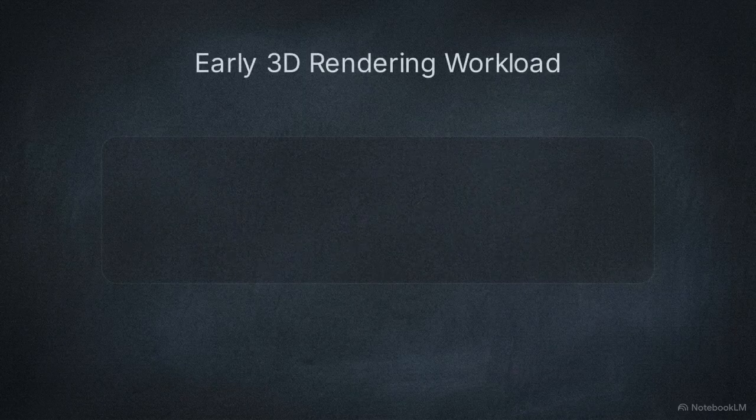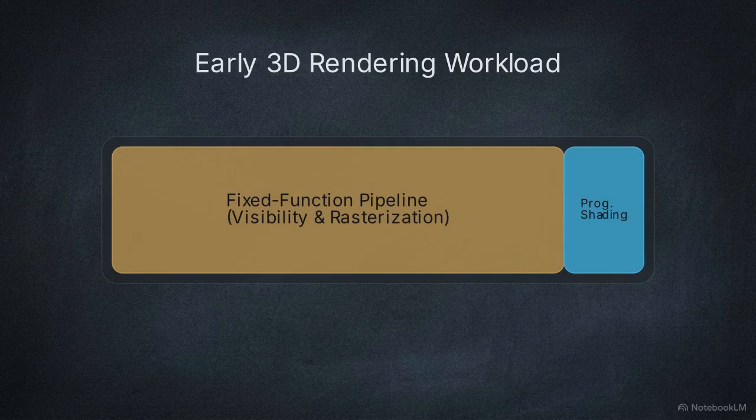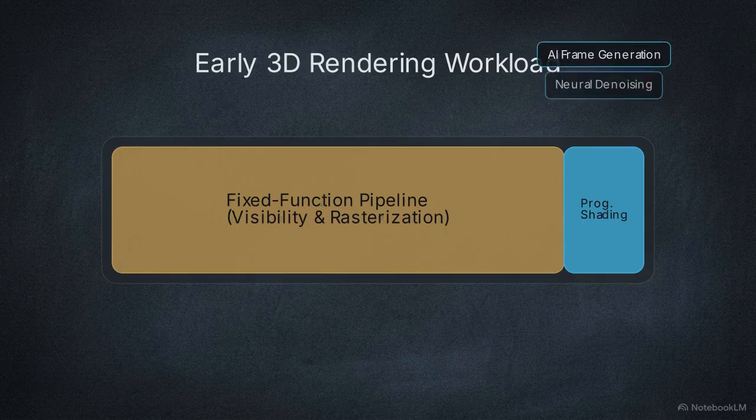This exact mathematical collapse explains the real-world evolution of the graphics processor. This block diagram maps early 3D rendering. It relied heavily on fixed-function pipelines because the value-scalable fraction was tiny. The visual data was mostly finalized during the initial visibility passes. The introduction of AI-driven frame generation, denoising, and upscaling structurally altered the workload.